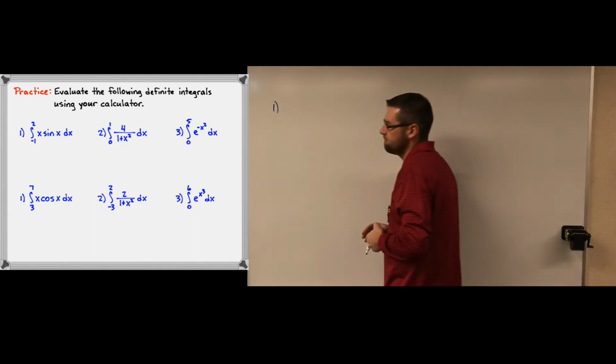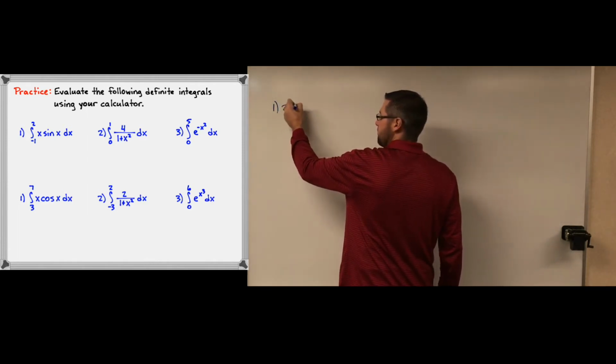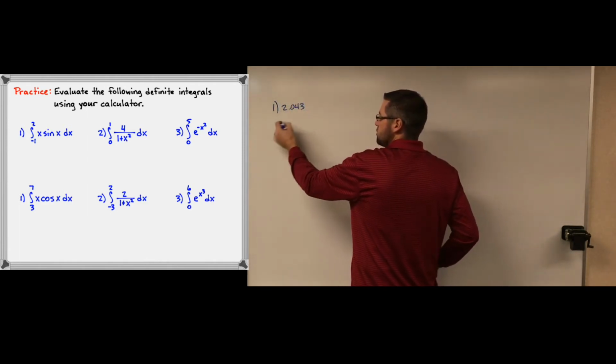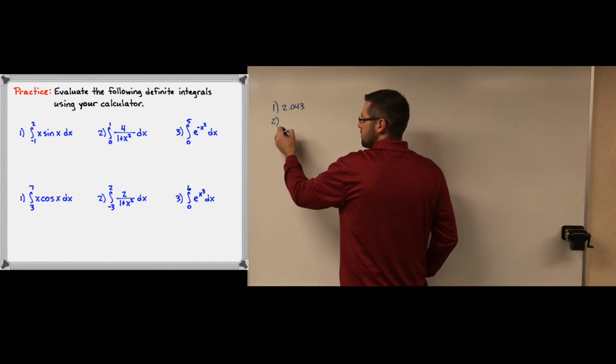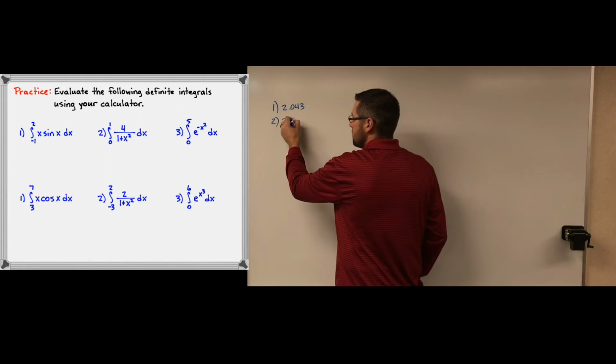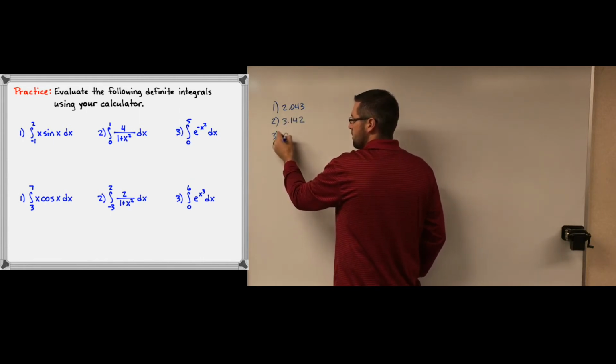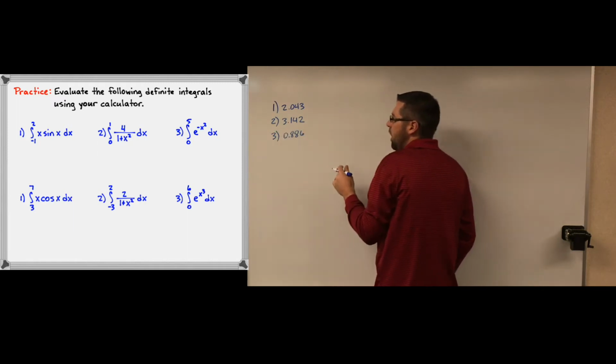Number 1, what do you got? 2.043. Okay. Number 2? 3.142. Okay. And number 3? 6. Okay. So check your work.